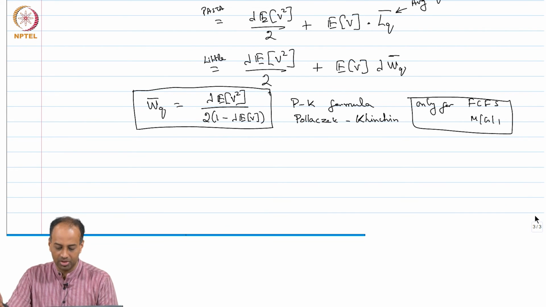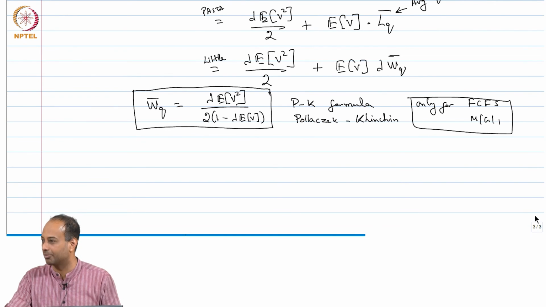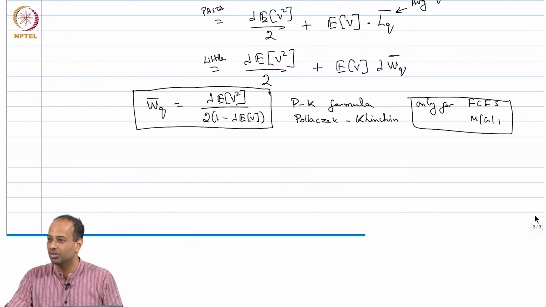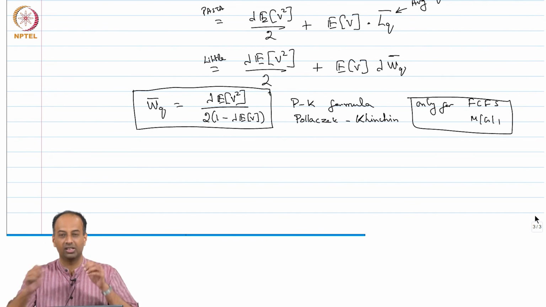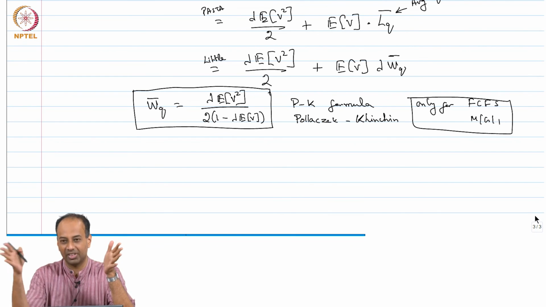So, the key intuition, so what is the most striking thing about this formula? The expected waiting time in queue is proportional to the second moment of the service time, okay. What is the intuition? The intuition is that, see, suppose these Vi's are IID, right.